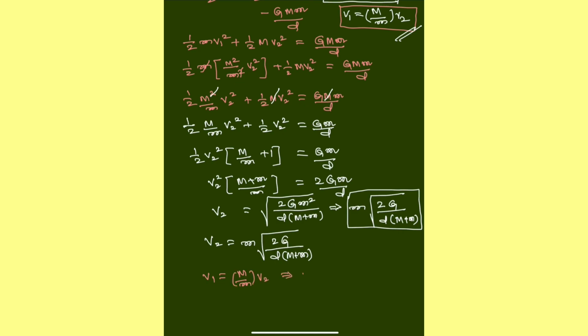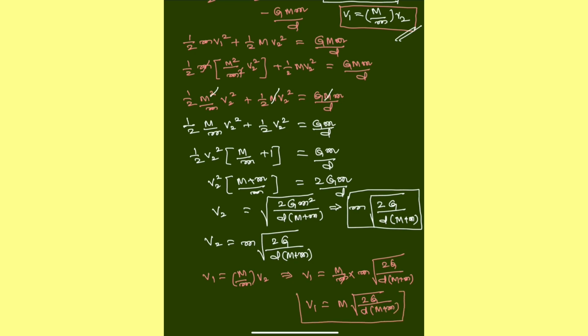So v1 is equal to M by m times v2, meaning M by m times m times the square root of 2G by d times (M plus m). Cancelled, v1 is equal to M times the square root of 2G by d times (M plus m).